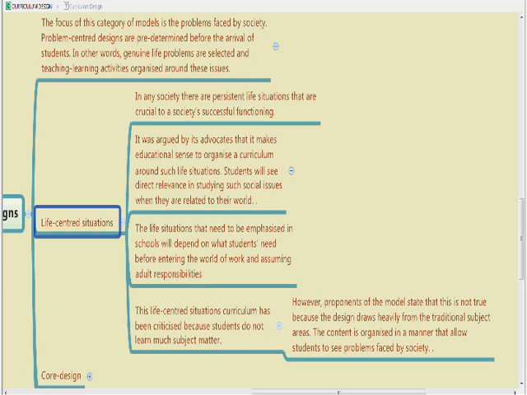Now let me talk about the life-centered solution. Of course, it generally means that we focus on real things and real situations, and people will learn content through participating in and solving real-life problems.